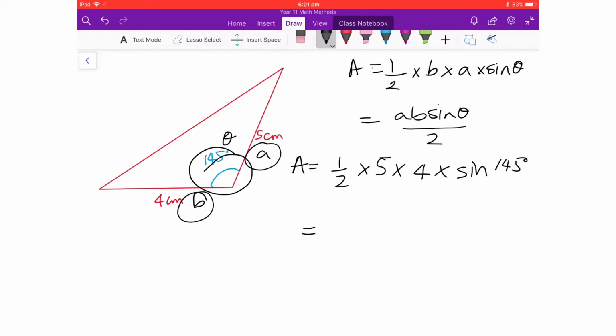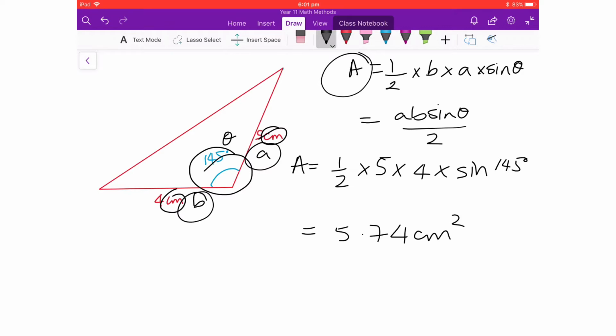So I'm going to put that into my calculator really quick. So assuming that you've got a calculator on hand, you can quickly do this too. I'm putting it into my calculator and you should get a value of 5.74. And we've got to make sure we put our units in. So in this case it's centimeters. So putting centimeters squared because it's an area question.